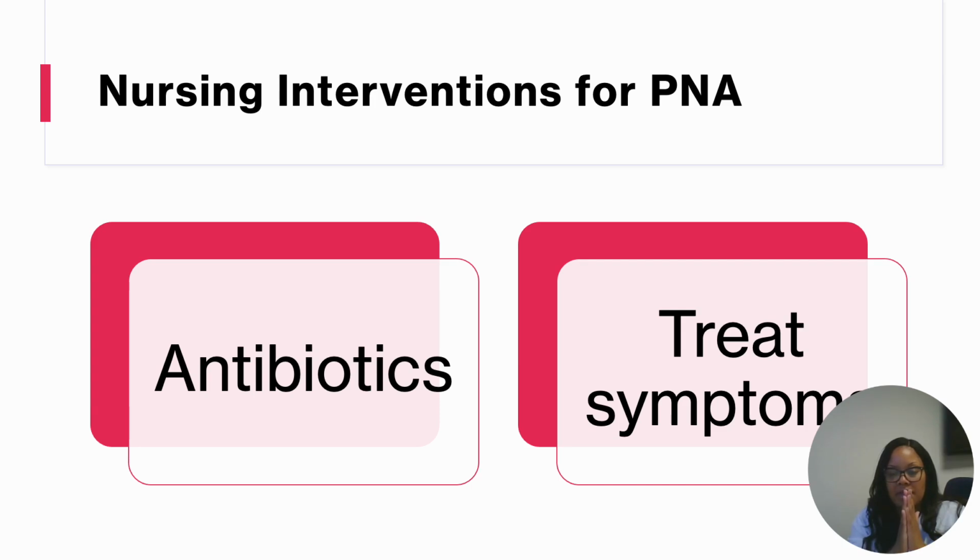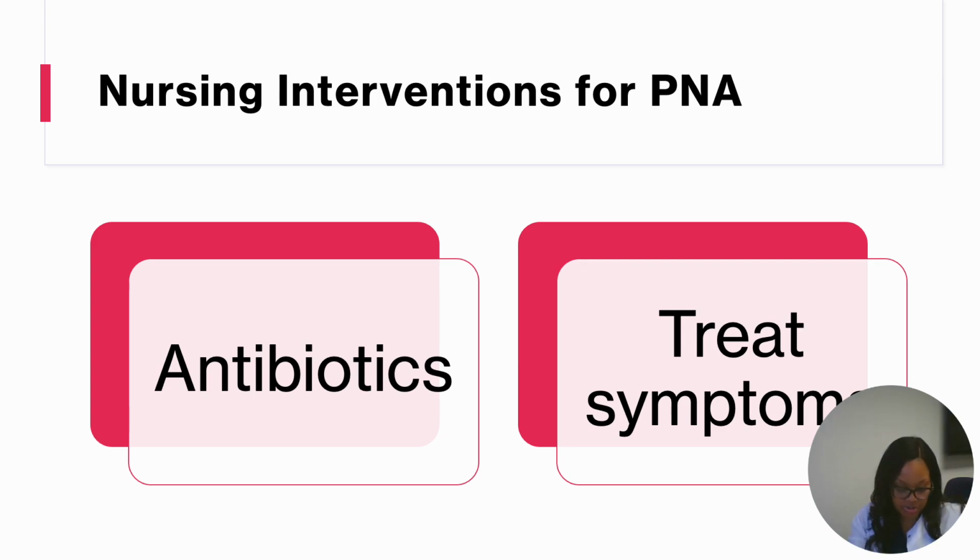If the patient has a fever, we want to treat the fever. If the patient has pain, we want to treat pain. If the patient has a cough, we want to give something for the cough. If the patient has mucus, we want to treat the mucus. So basically with pneumonia, you can have so many medications because you have so many signs and symptoms, right? So we want to treat those signs and symptoms as well as the antibiotics.